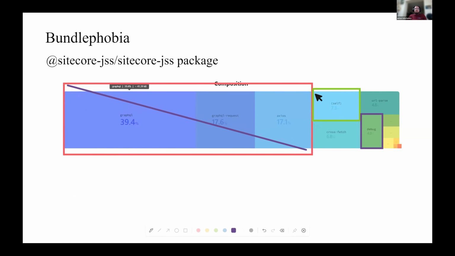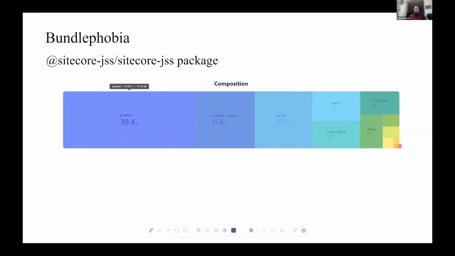But as we saw from the previous slide, Next.js together with Webpack isn't smart enough to identify that this code isn't reachable on the client side, and it is still added to the final JavaScript bundle. Let's think about what we can do with it.